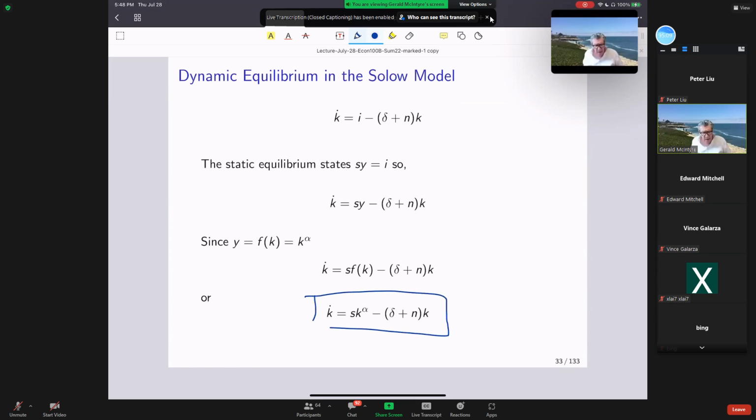This is the one we will mostly use. This is the other one. These are the dynamic equations of the model. I might as well call them by their true name. These are differential equations.